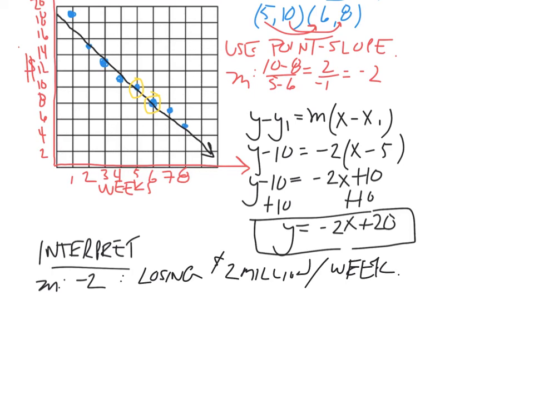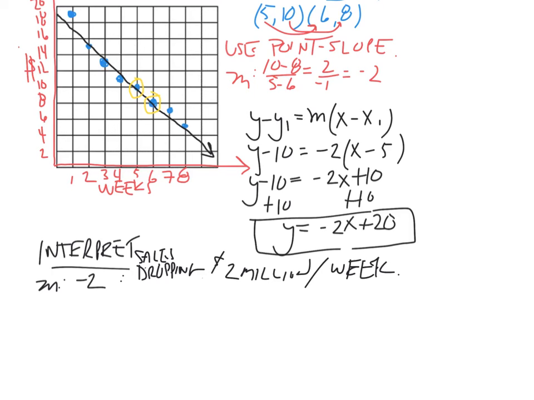I don't want to say losing. Maybe losing is not the best word. Losing means we're losing money. It doesn't necessarily mean that, I guess. Let's just say it's dropping. Sales are dropping $2 million per week.